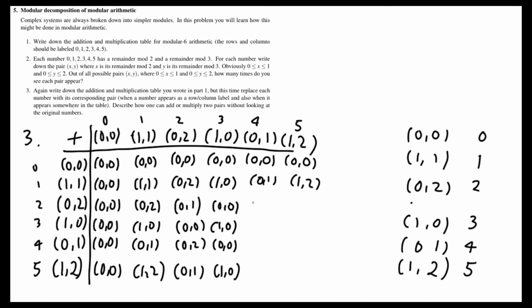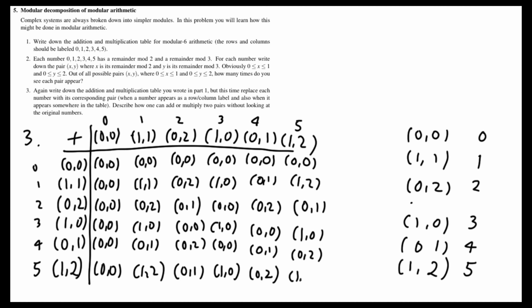And then 4 is the 2 pattern but reversed, so it's 0, 0, 0, 1, 0, 2. And then 5 is just the numbers descending, so it's 1, 2, 0, 1, 1, 0, 0, 2, and 1, 1.